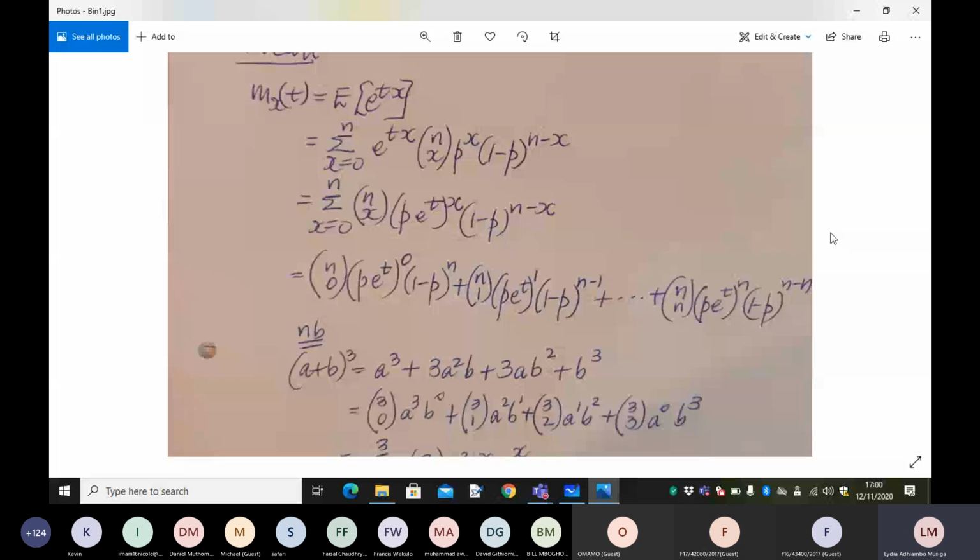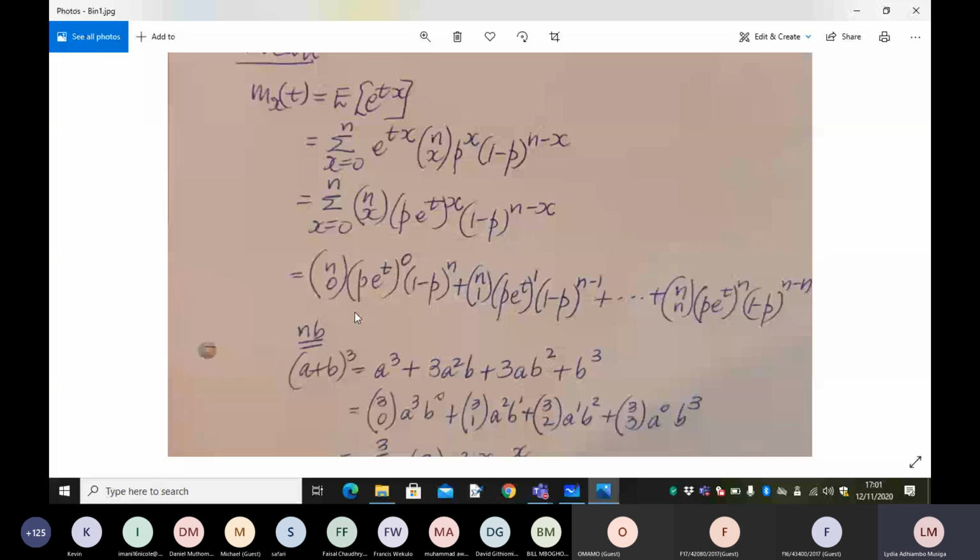Because the other one is more technical, I decided to use the moment generating function technique. And of course, we also try to make it as easy as possible for the students. So this is why I preferred to use MGF for binomial.